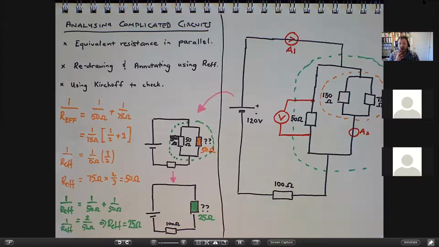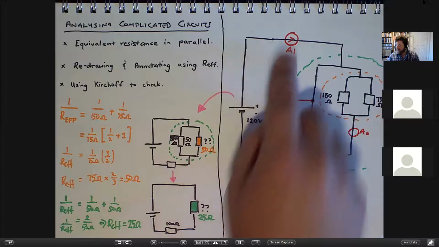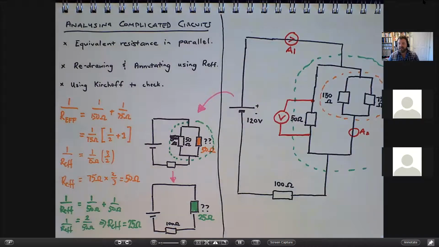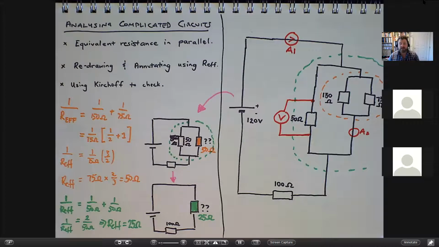All right. Okay, so then now we can use this to actually work out what is our current through the whole circuit, and then we might be able to work out voltages and things like that as well. So what I'm going to do is work out that current by saying, okay, I have 120 volts on my circuit, and I have 125 ohms total resistance.